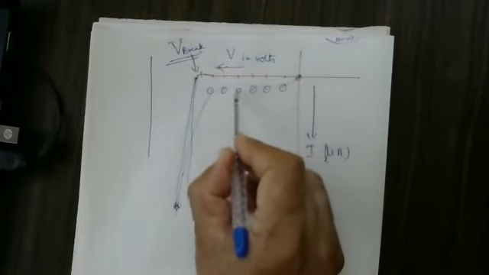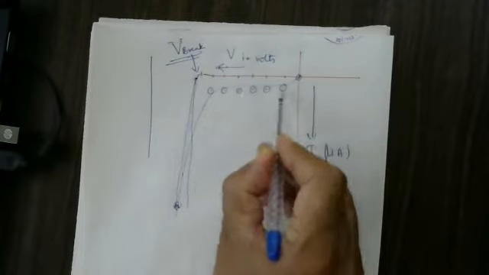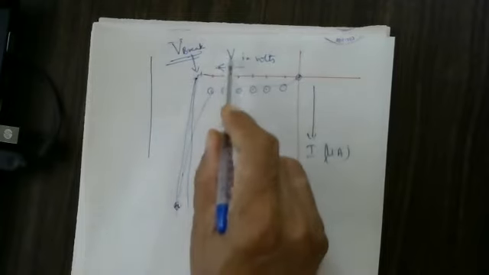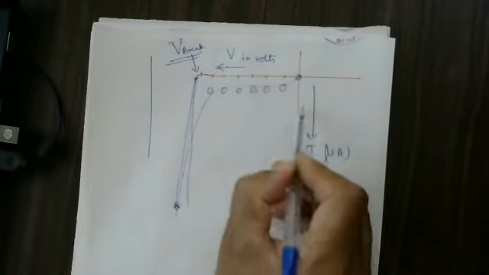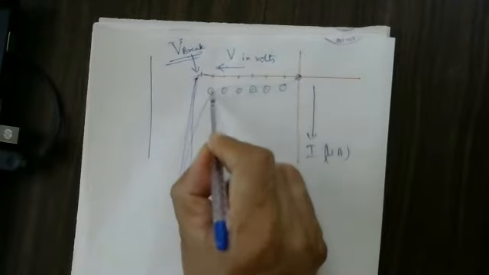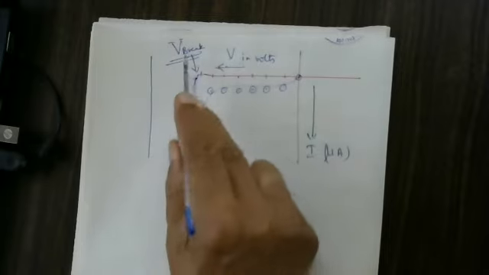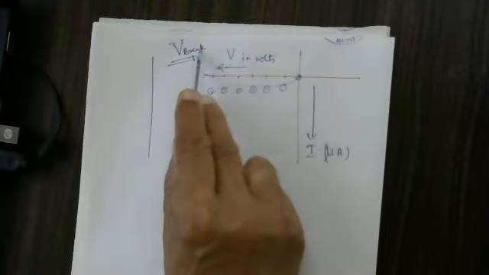This current is called the reverse saturation current. This reverse saturation current does not depend upon the voltage. As the voltage increases, the current remains constant. At a particular voltage, the current suddenly increases because covalent bonds are breaking up. That particular voltage is called the breakdown voltage.